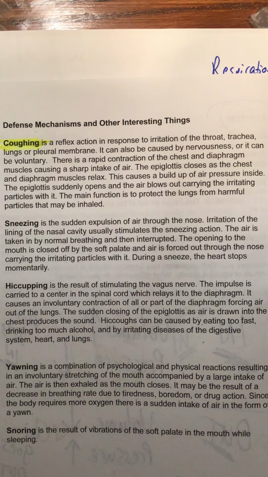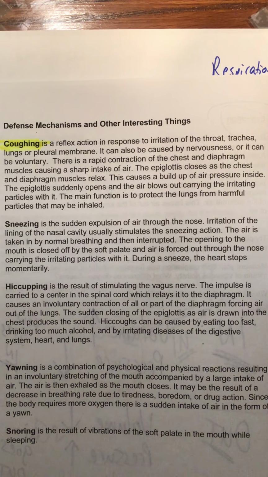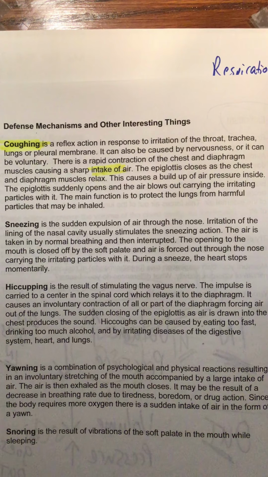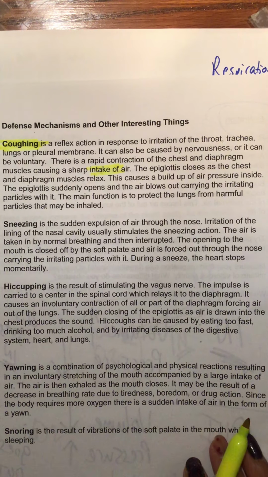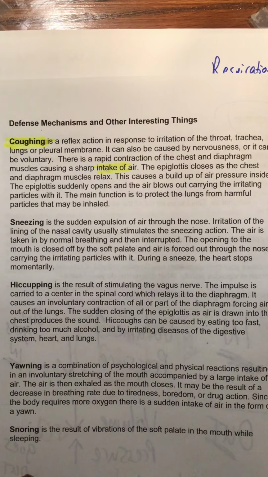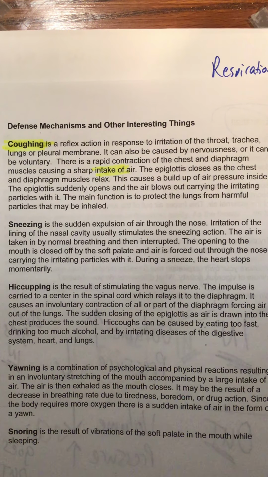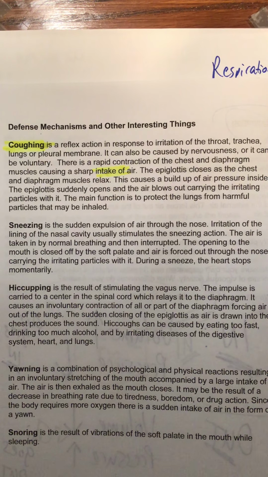Coughing is a rapid contraction of the chest and the diaphragm muscles, causing a sharp intake of air. So when you cough, it forces a sharp intake of air, but it also forces some air out of your lungs as well. That is why coughing is actually pretty fast. Because it forces the air out, it also will force the air in as a result of that.